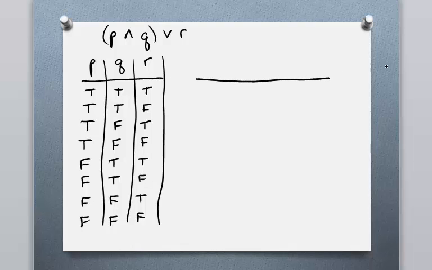So we'll now extend the table and we'll write down what we're trying to find. P and Q, or R. And we'll go through, and first of all, we'll copy the P column, the Q column, and the R column.